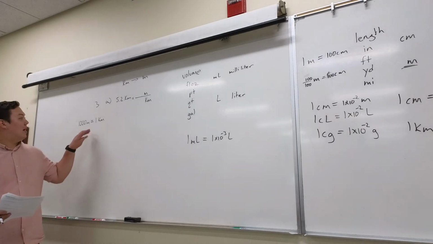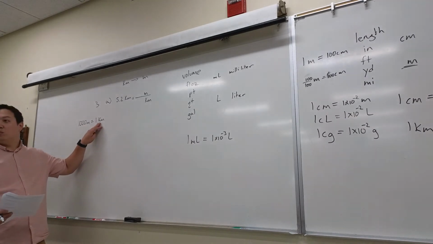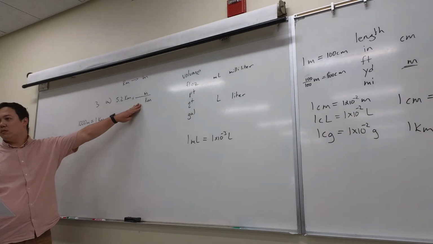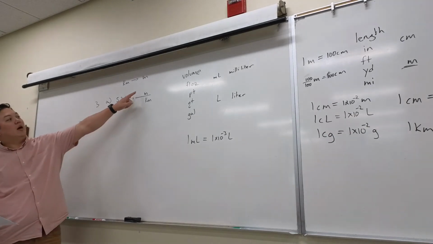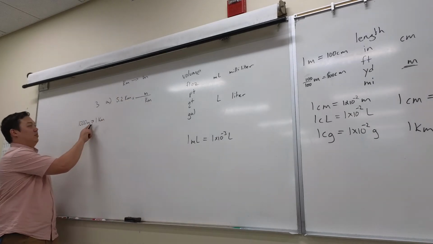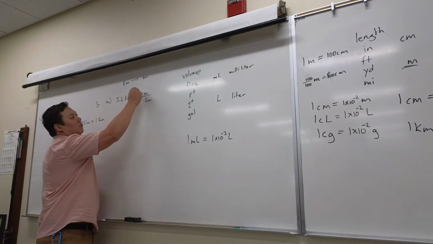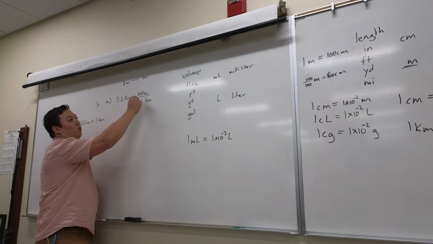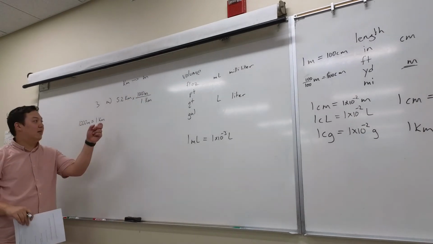And now we match in this relationship for these units. So how many meters? 1,000 meters, and that's 1 kilometer, getting that number again from here.